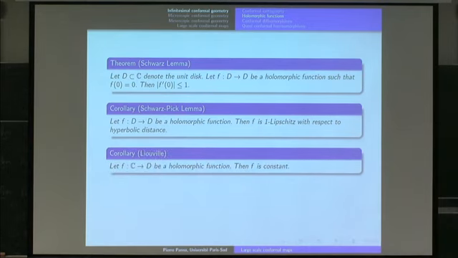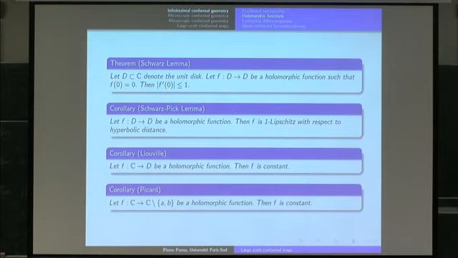A consequence is that holomorphic functions, when they are bounded and defined on the whole plane, must be constant. Indeed, consider its restriction to a large ball. It maps a large ball to a small ball, so the derivative estimate at the origin is very small, and going to the limit, the derivative has to vanish.